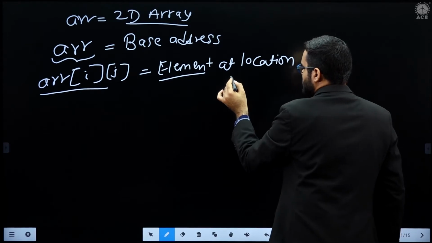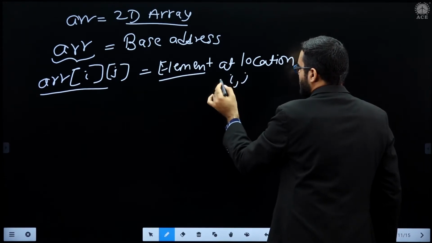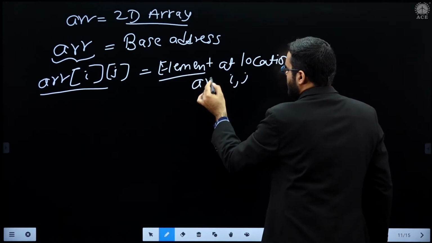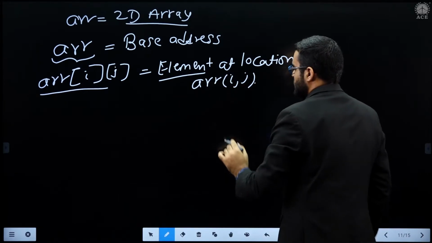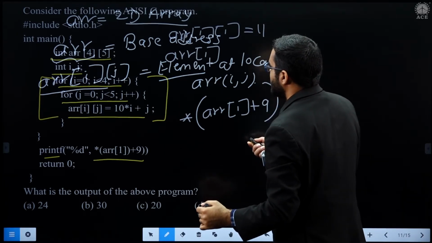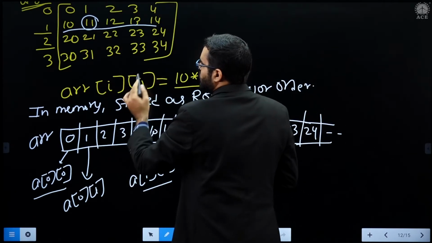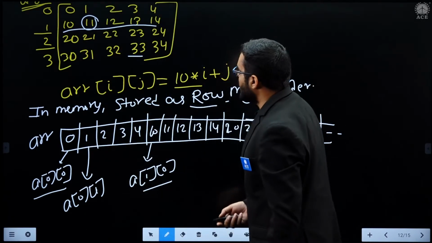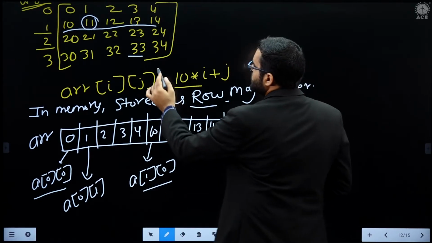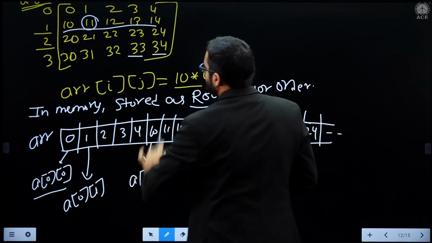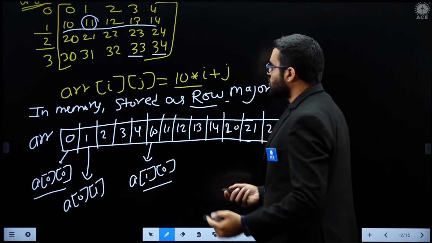For example, this is A11, this is A33, and this is A34. Like this.